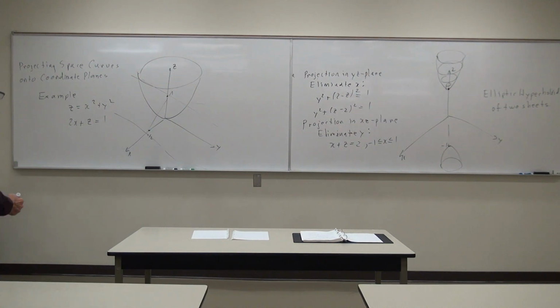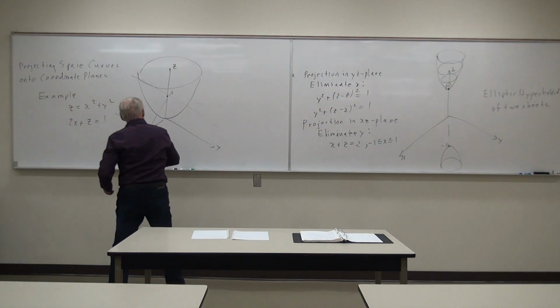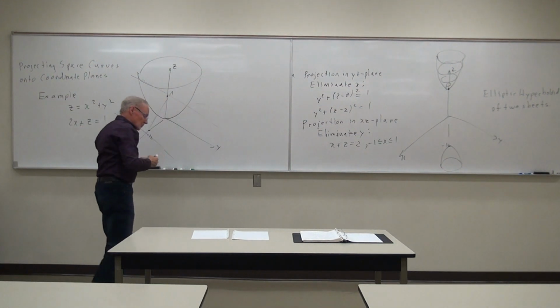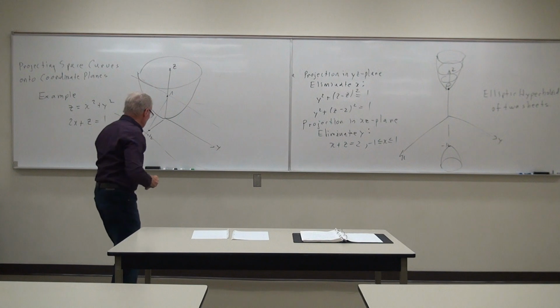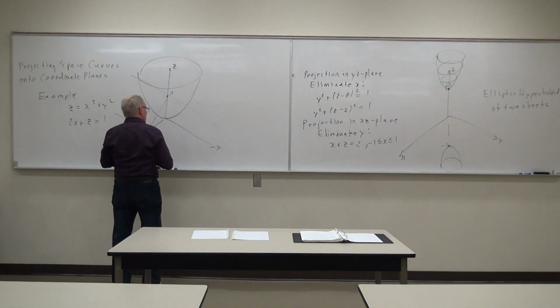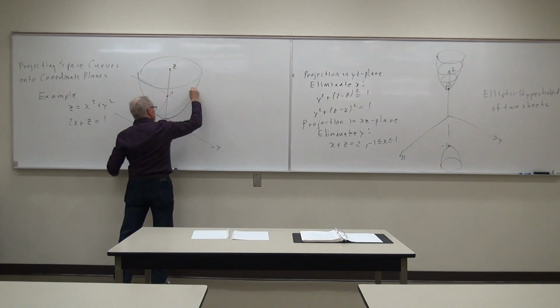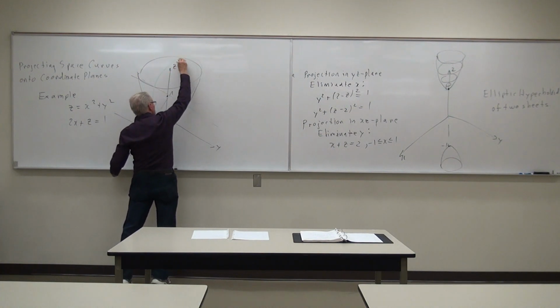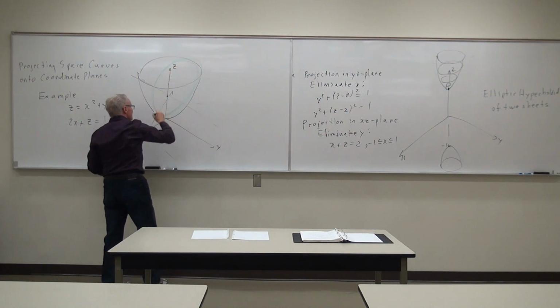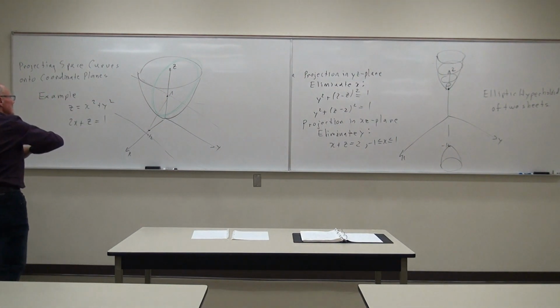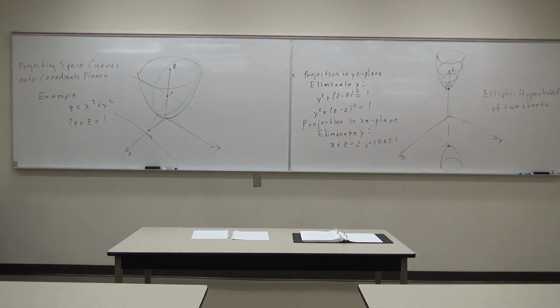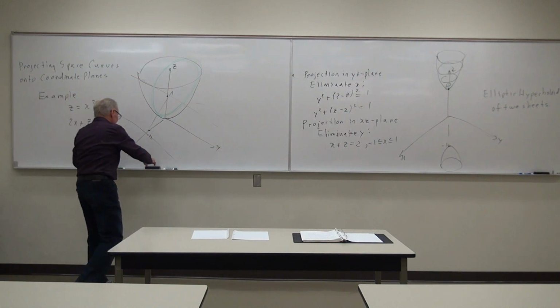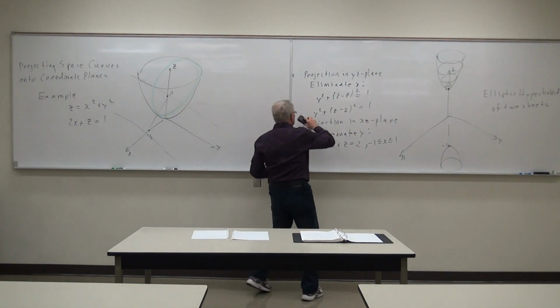Can you visualize that plane slicing through the surface to produce the curve of intersection? Would you say, with not the best artwork in the world, something that looks like this? That's a plane slicing through that parabolic bowl to produce something that looks like that. So we can accept that picture, you can visualize it.